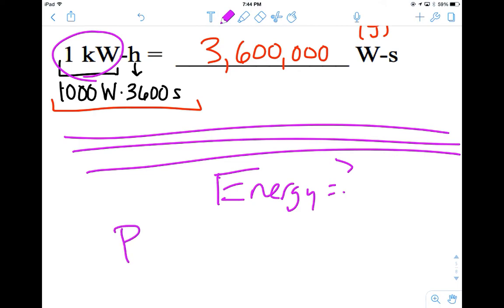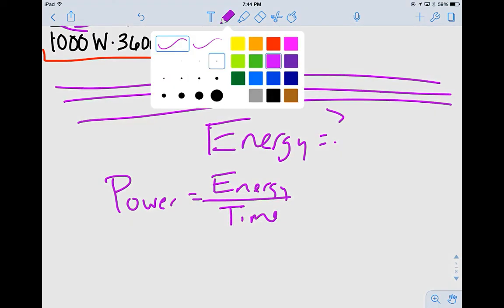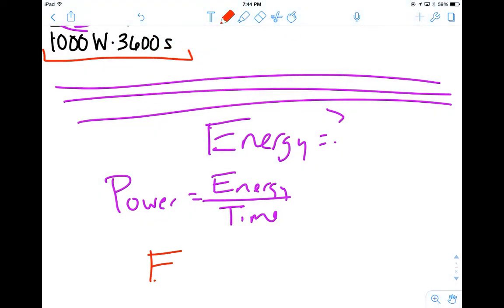We were just looking at power being equal to energy over time. If we solve for energy, it's just going to be equal to power times time.